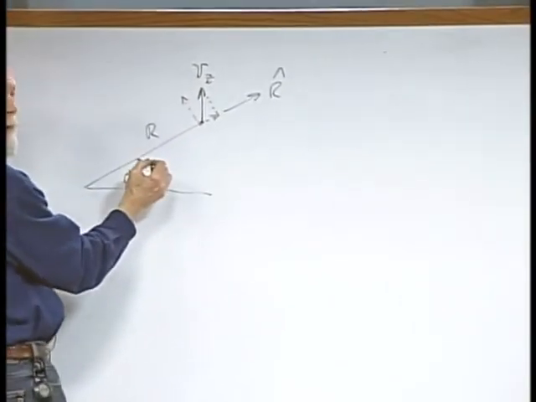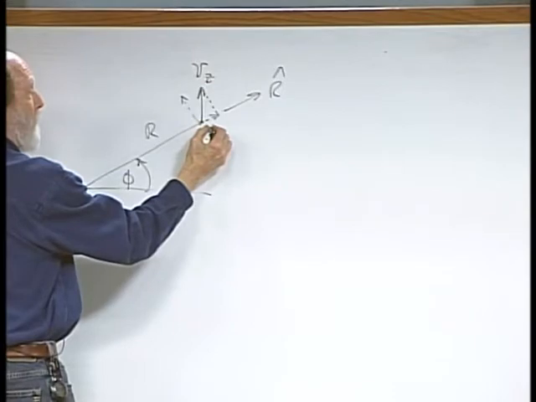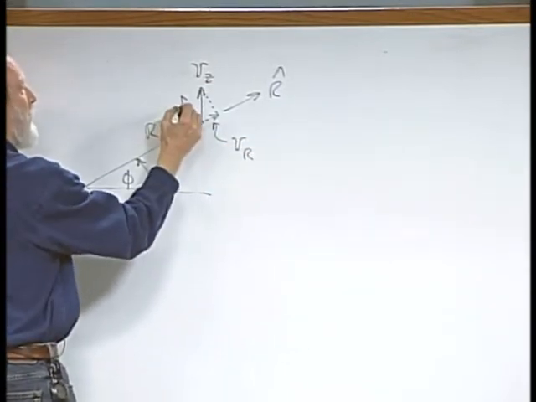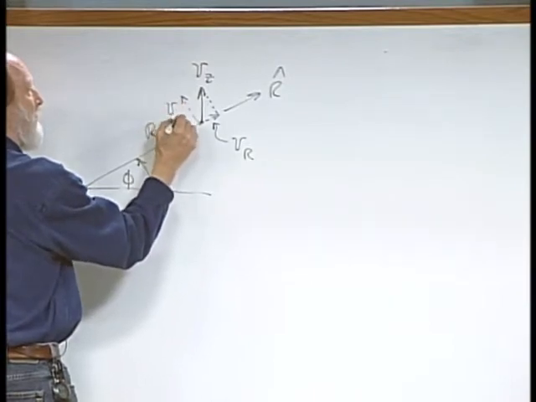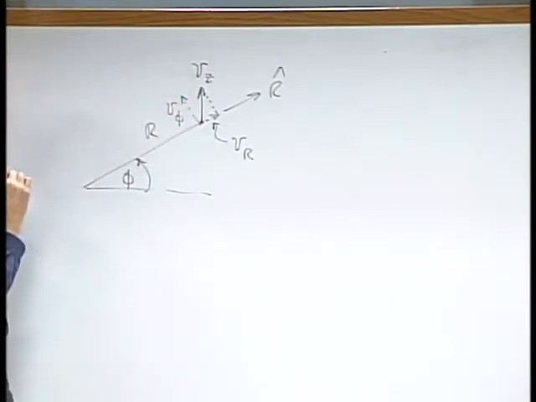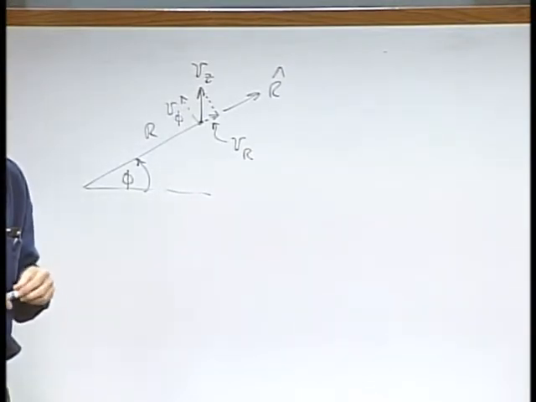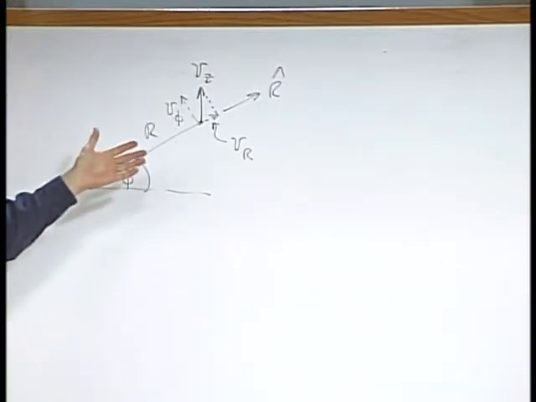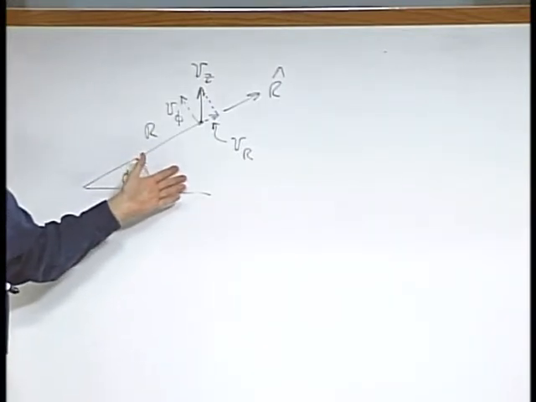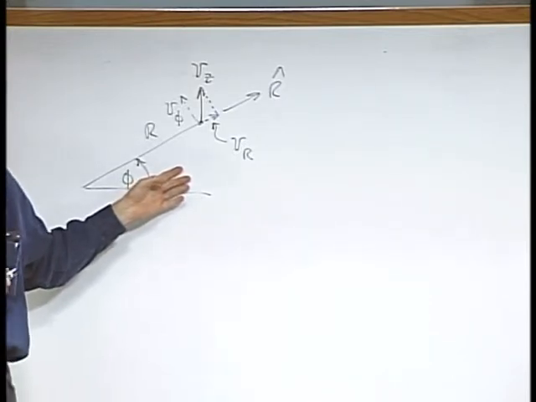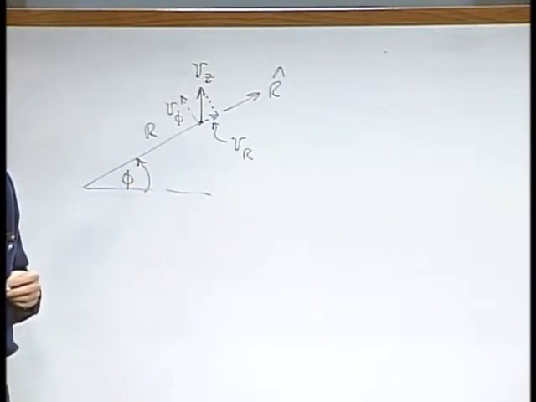So there's your V sub capital R term, and here is your V sub phi term. You usually have to draw additional sketches to handle these three-dimensional kinds of problems, additional small two-dimensional sketches frequently.